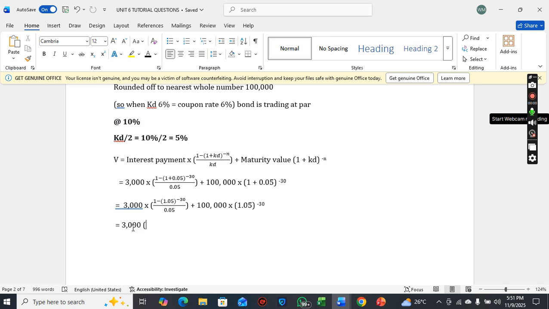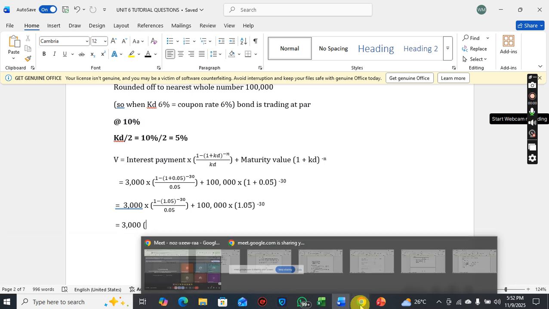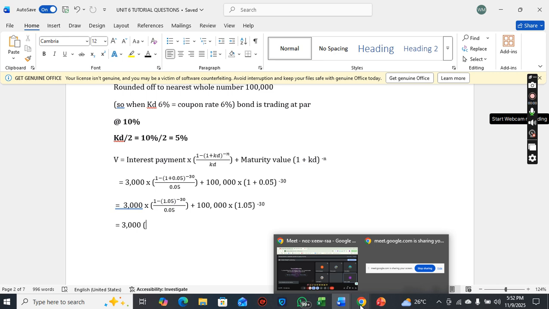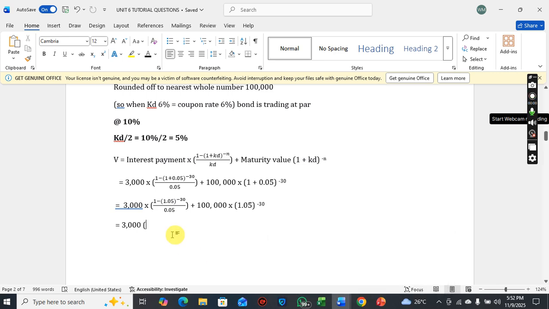Yes, colleagues, has anyone found the annuity factor? Or you are waiting for me to calculate it? Okay, let me calculate.